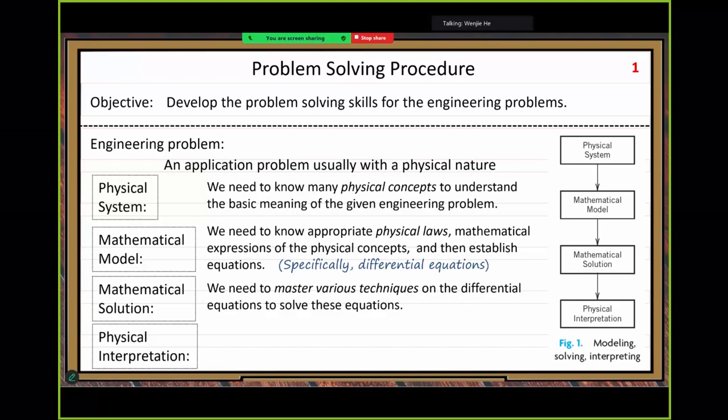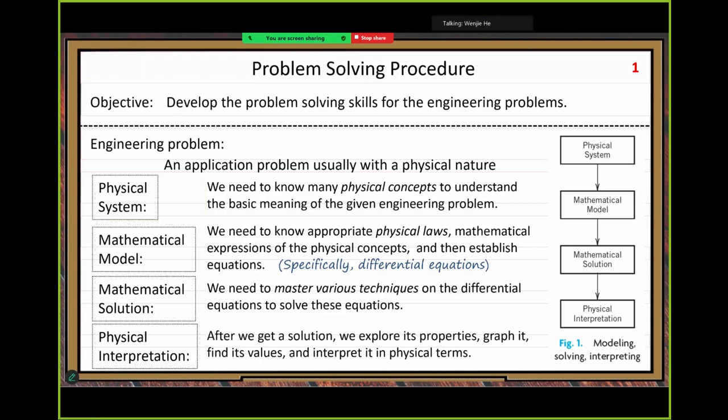Step 3, the last step, physical interpretation. After you get a solution, you need to interpret. What's the meaning? You need to get back to the original question to explain your final result. Some of the solutions do not make sense, so you need to drop them, because you may have multiple solutions.